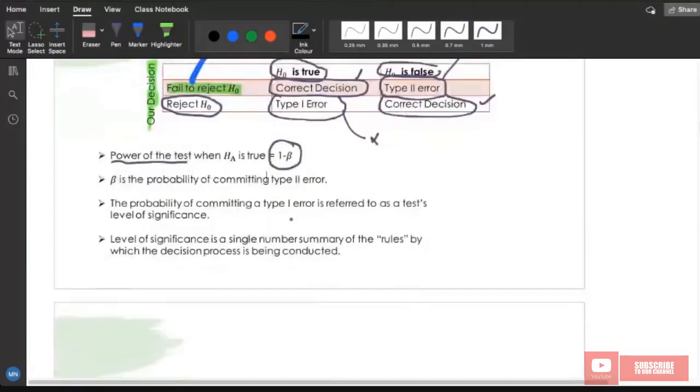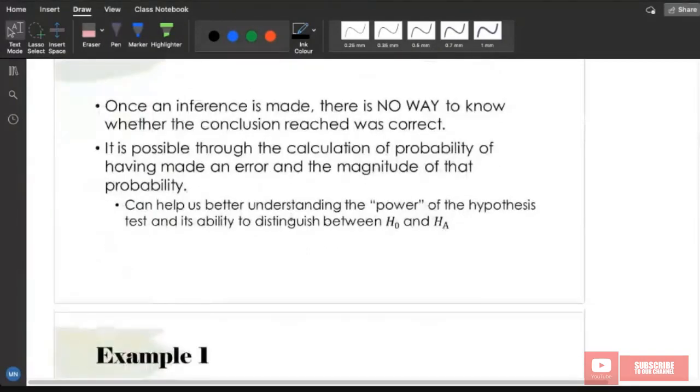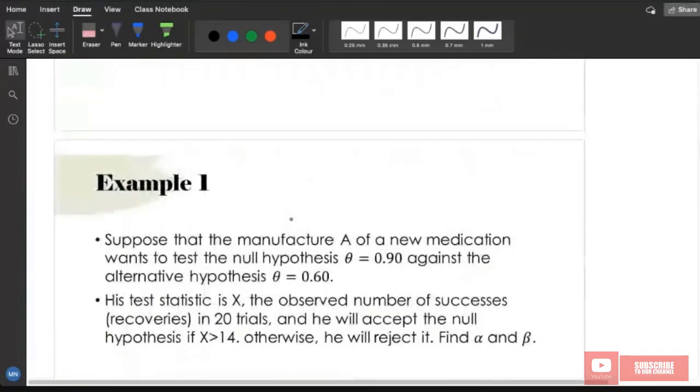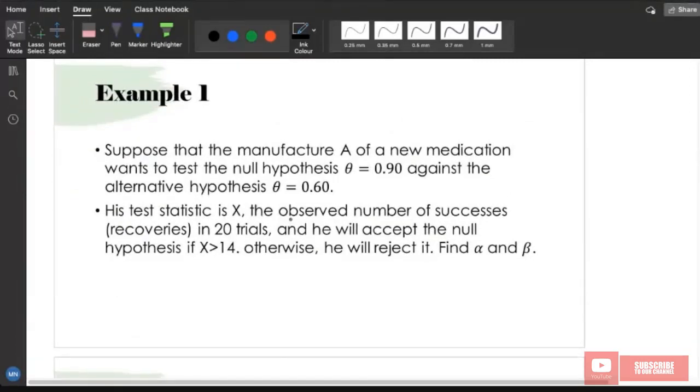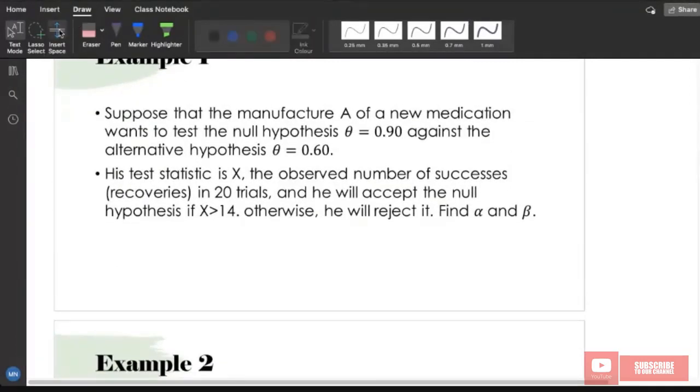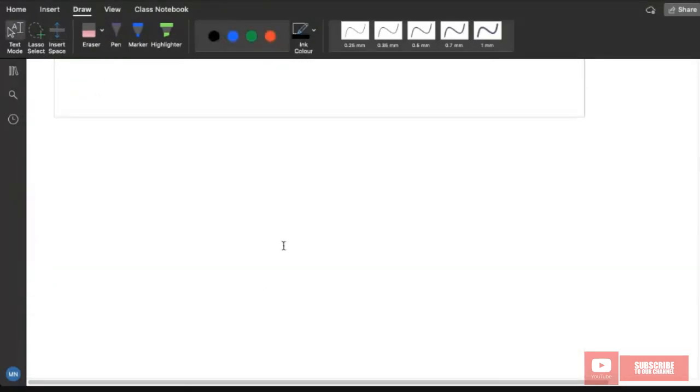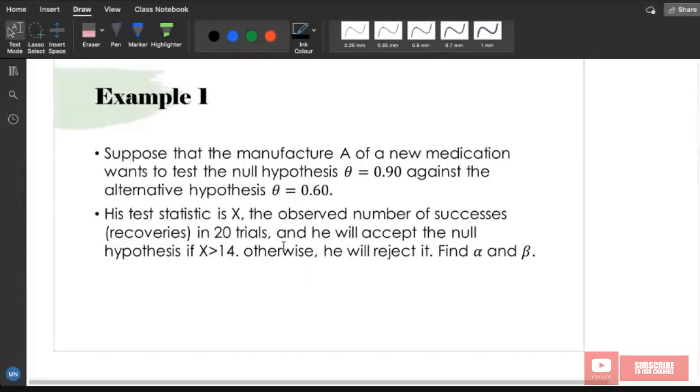So now let's look at example number 1. In example number 1, suppose that manufacturer A of a new medication wants to test the null hypothesis theta equal to 0.9 against the alternative hypothesis theta equal to 0.6.